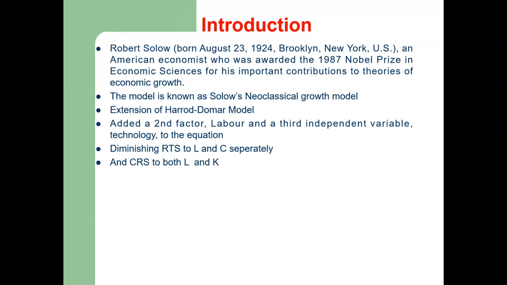More generally, the standard exposition of the Solow new classical growth model uses an aggregate production function given by equation 1: Y = K^α (AL)^(1−α), where Y is gross domestic product, K is the stock of capital which may include human capital as well as physical capital, L is labor, and A represents the productivity of labor, which grows at an exogenous rate.